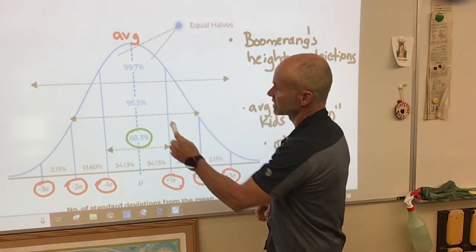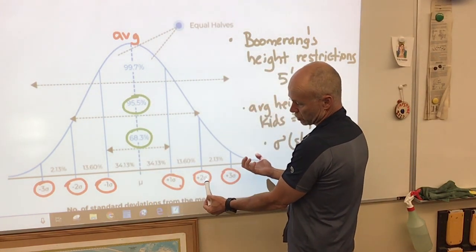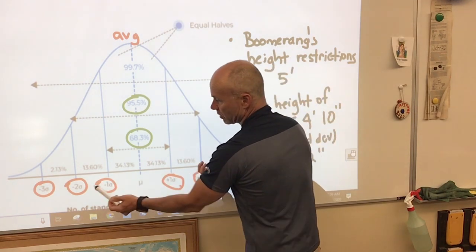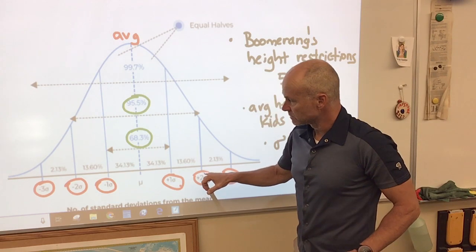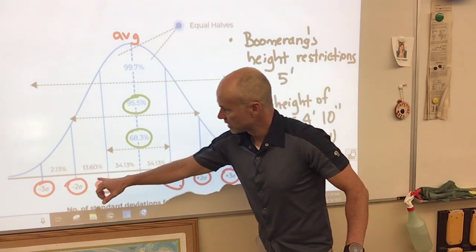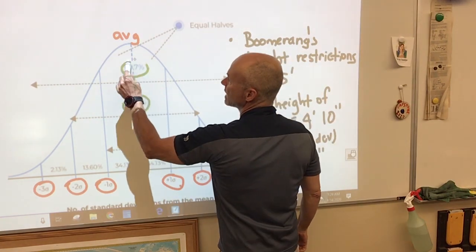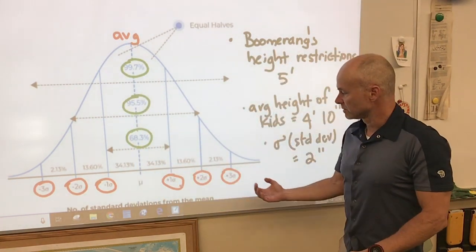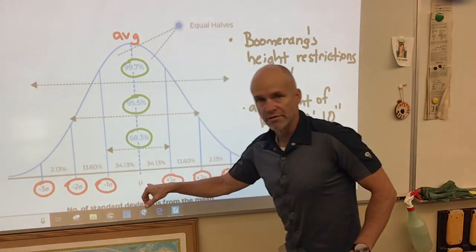About 95% of people fall between two standard deviations above and below the average. And finally, almost 100% of people fall between three standard deviations above and below the average.